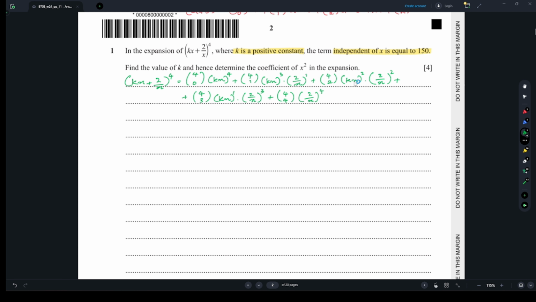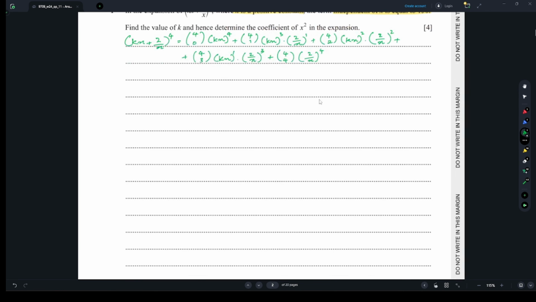When you go to the third term, we have x squared, and when we take the square of 2 over x, we divide by x squared, so we can cancel out and we don't have x. So in this case, you have to consider the third term.